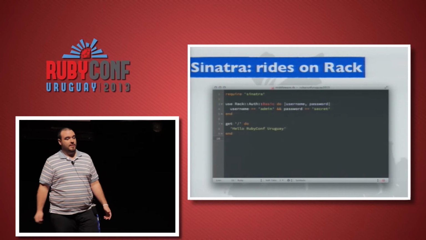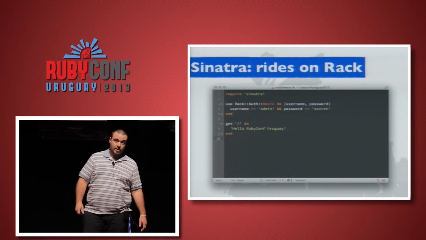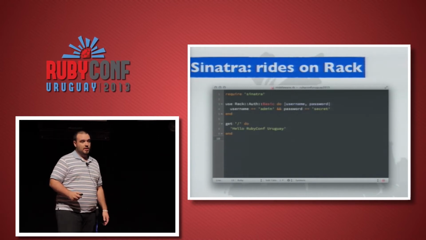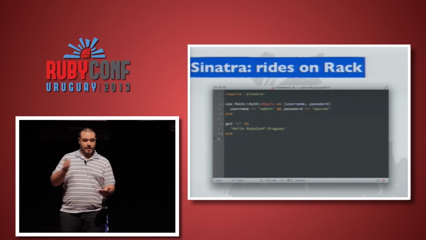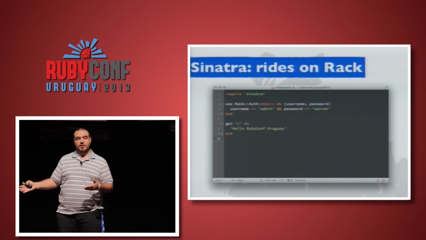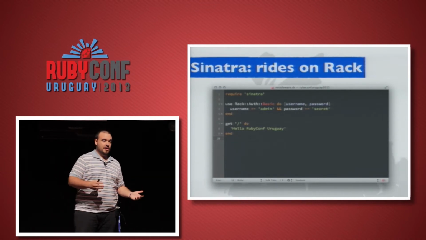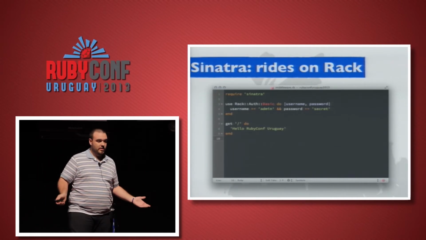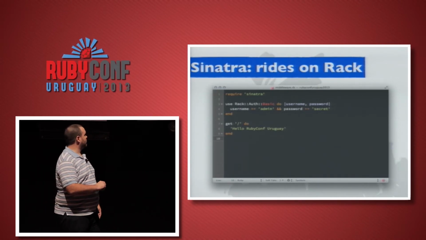Something wonderful about Sinatra, as you may know, is that it's a rack middleware. That means that we can use a lot of existing rack middleware in Sinatra, and mount Sinatra and other applications and do whatever we like.